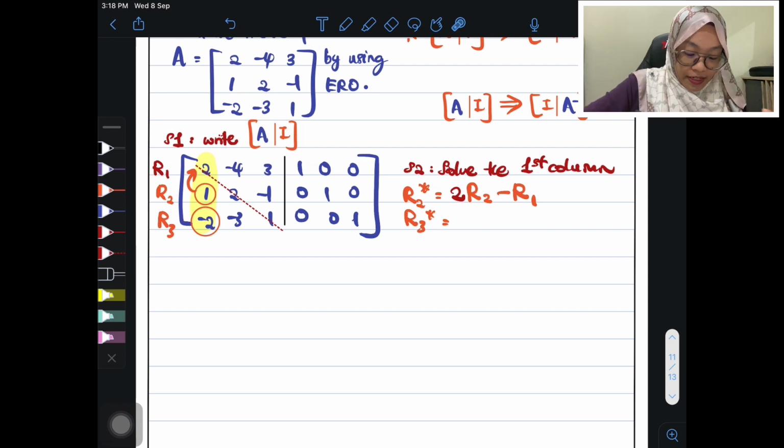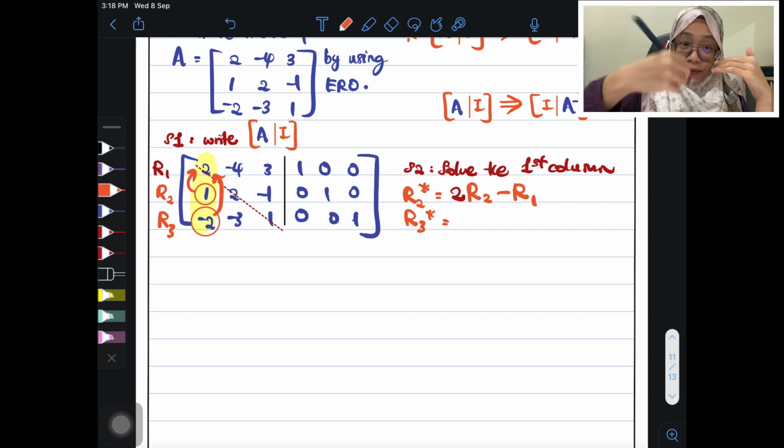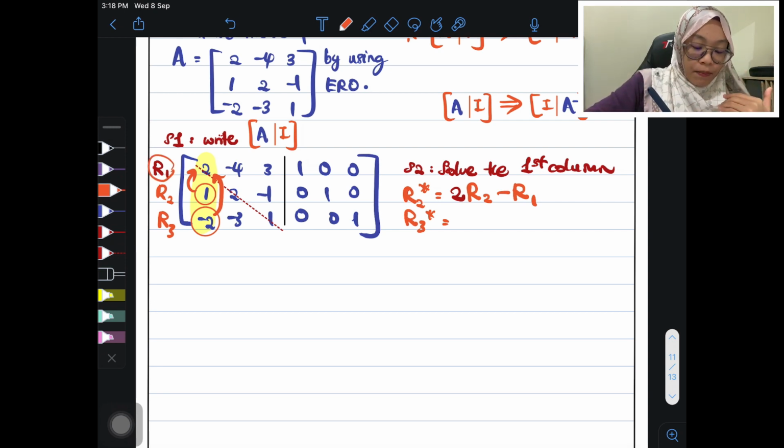Okay, jadi row ketiga pula macam mana, Miss? Row ketiga, let me show you the magic. Row ketiga, since this is negative 2 and this is what? This is... kita kena berpaksikan, kita mesti tambah dan tolak dengan row yang pertama. And so the magic is, negative 2 must plus with 2, baru dapat 0.